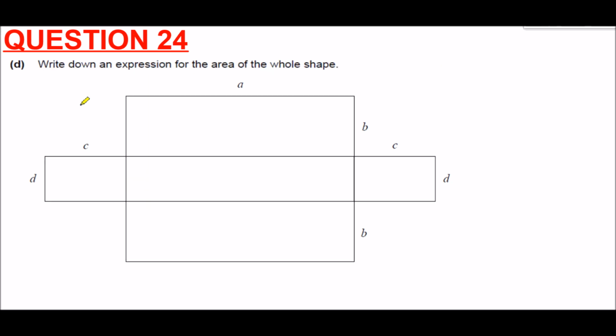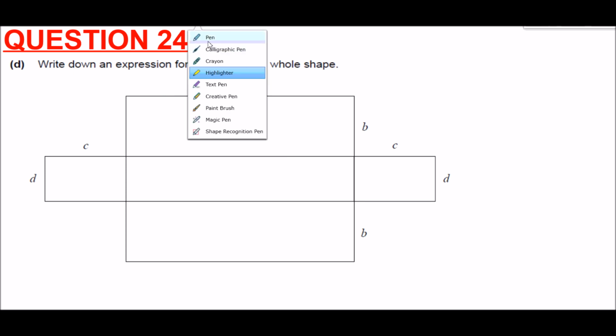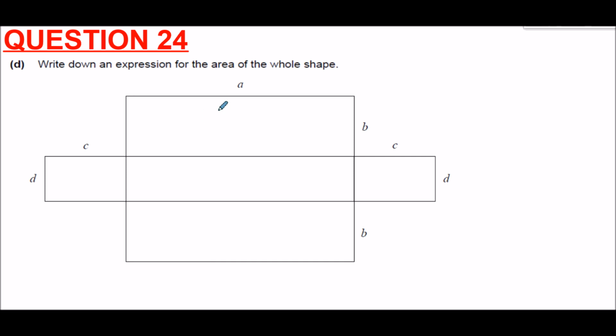And then if we have a look at D, write down an expression for the area of the whole shape. Well, first of all, we could just label each one. So this one here is A times B, which is AB, as is the bottom one.